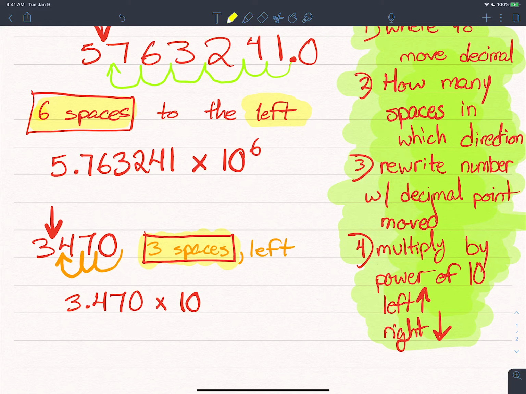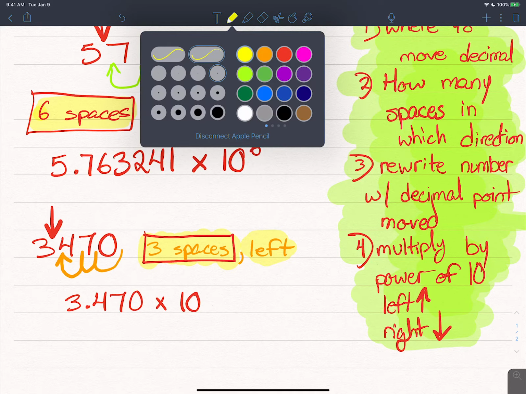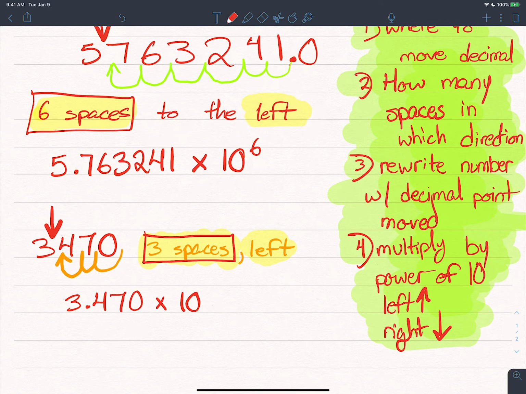And the direction tells us, are we counting up or are we counting down? And in this case, left is up. So we're at 10 to the 0, so we're going to say 10 to the first, to the second, and to the third.